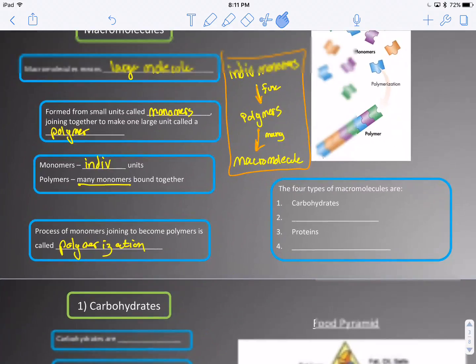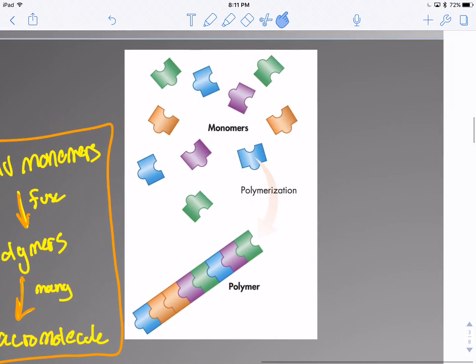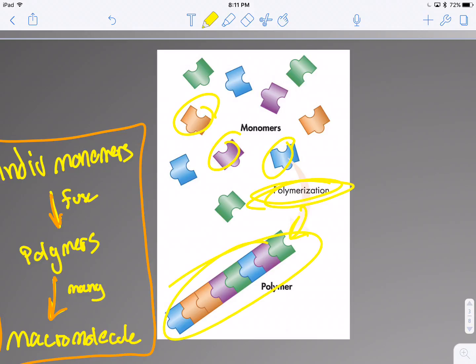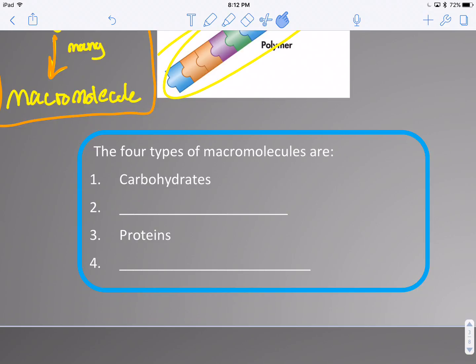Okay? And please remember, if this is going too fast for you, you can always pause and rewind this video at any time. So up here, again, we have our individual monomers, which undergo this polymerization and are able to become this one big polymer.